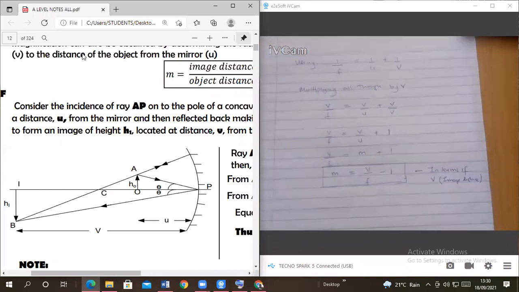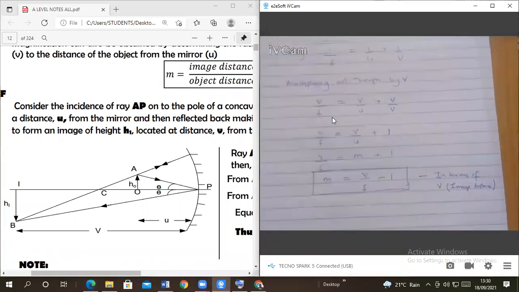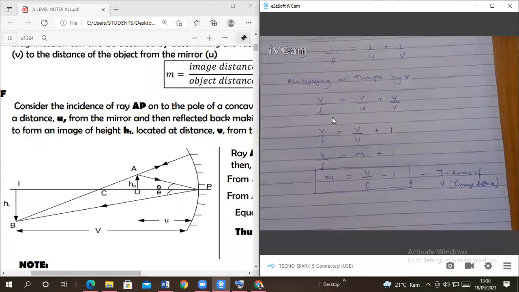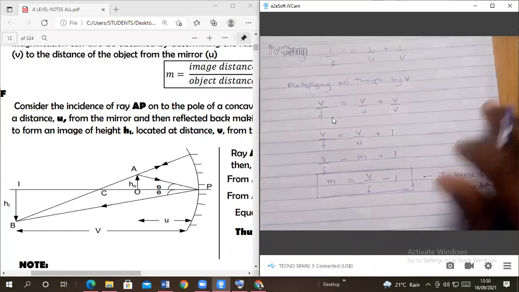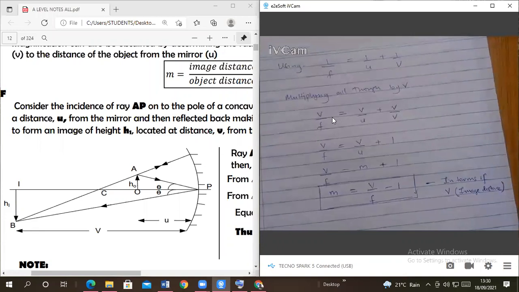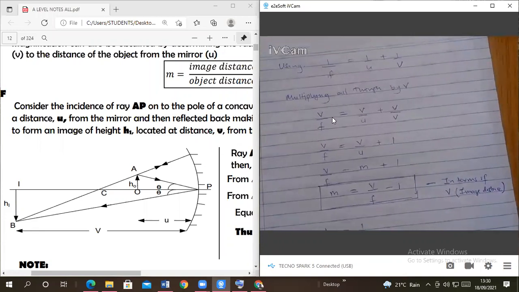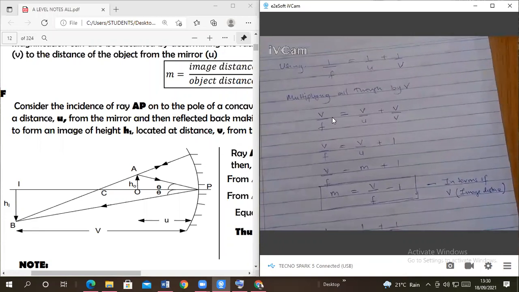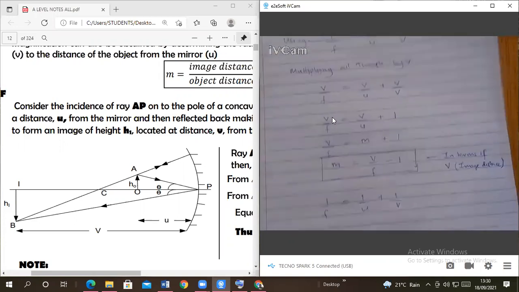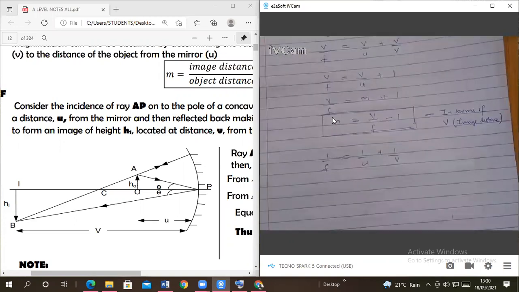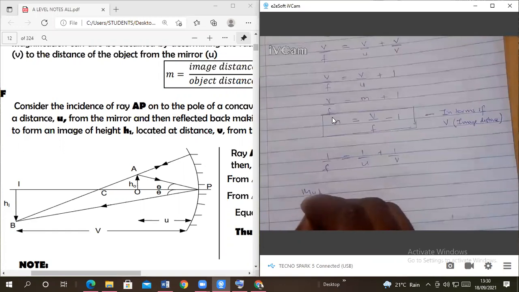If you want to get the magnification in terms of U, let me request Stephen to lead us. Stephen, in terms of U, lead us. I'm going to multiply all through by what?